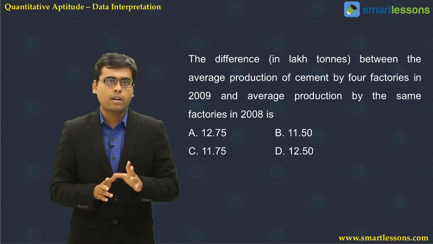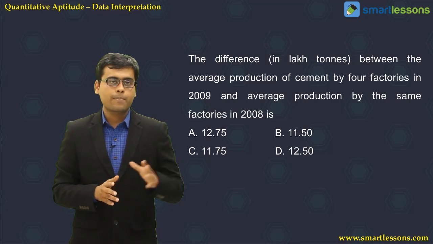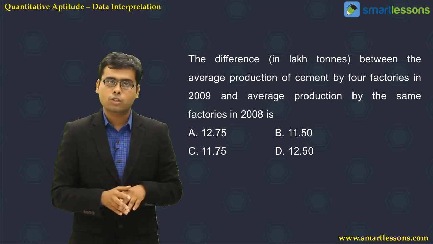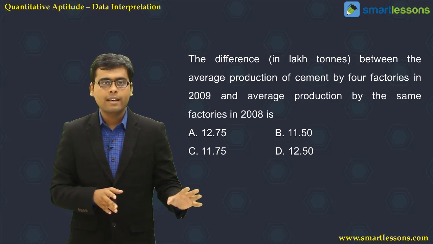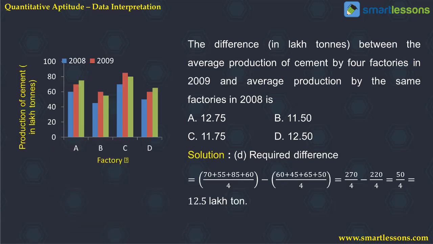For factory B, production was 55 lakh tons. For factory C, production was 85 lakh tons, and for factory D, it was 60 lakh tons. So the total production is 70 plus 55 plus 85 plus 60, and we average this total by 4, that is 270 by 4 is the average production by all 4 factories in the year 2009.